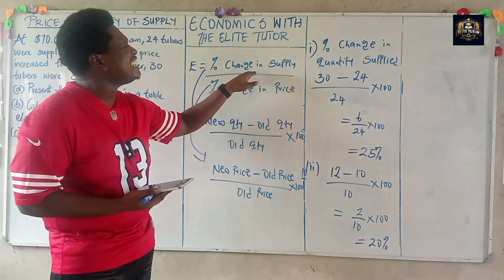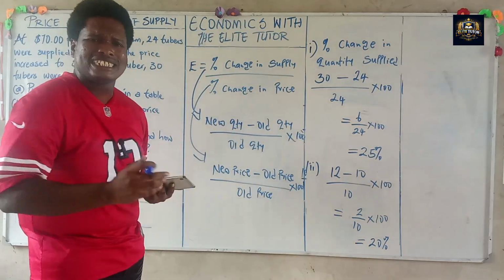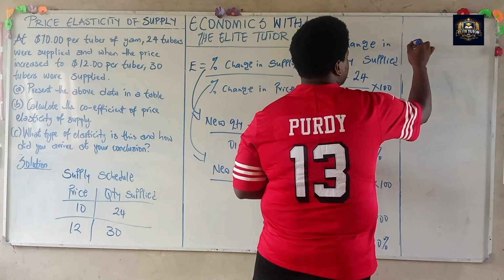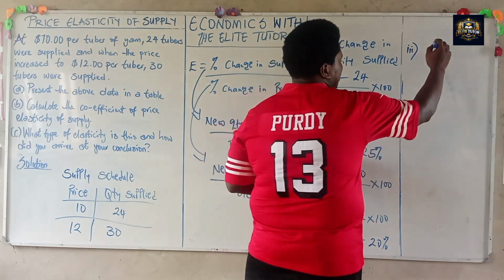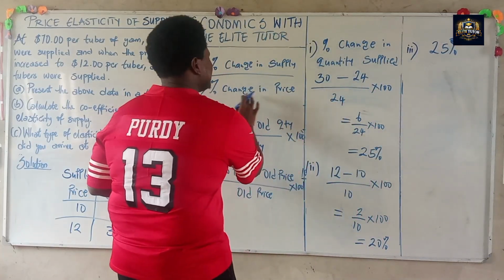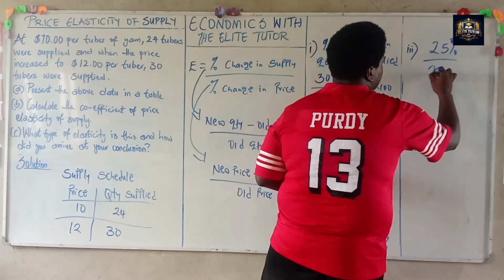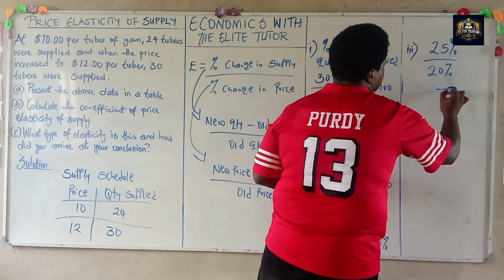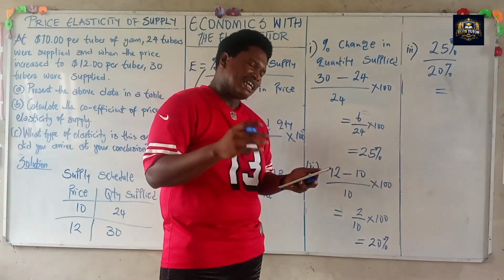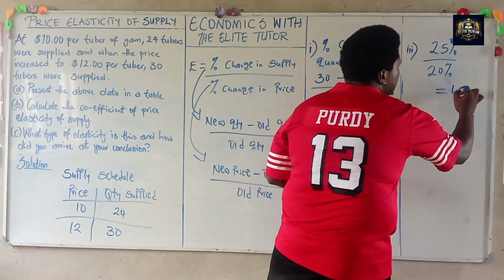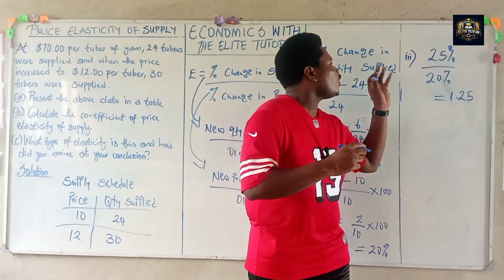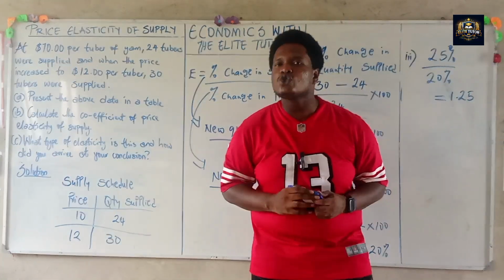Percentage change in quantity supplied is 25%, and our percentage change in price is 20%. So our final answer, we have 25 divided by 20. That gives us 1.25. So our answer gives us 1.25.